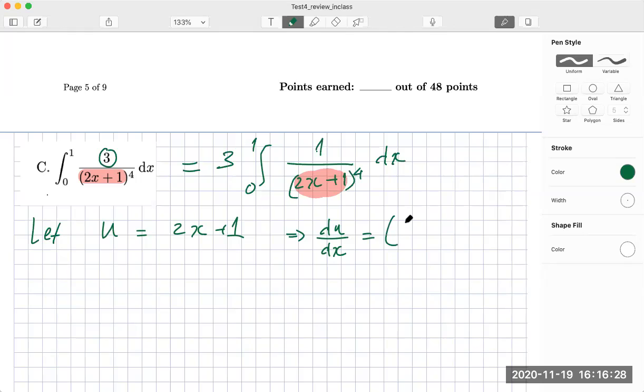Very good. The derivative of 2x plus 1 gives us 2, right? So du over dx is equal to 2. It means that du will be 2 times dx, right?